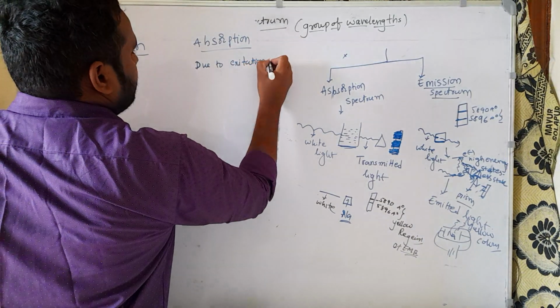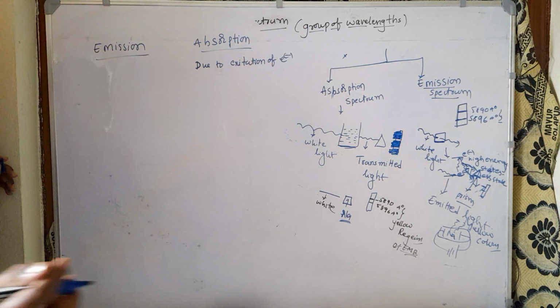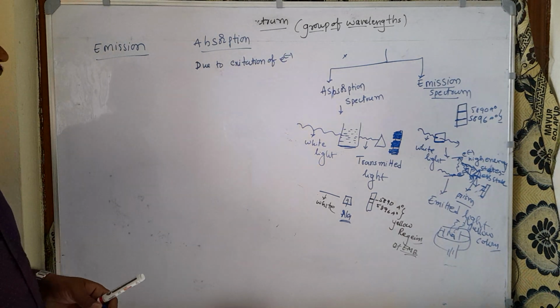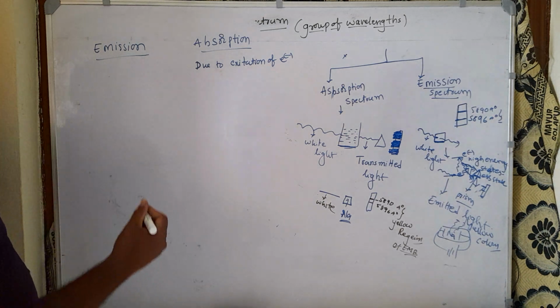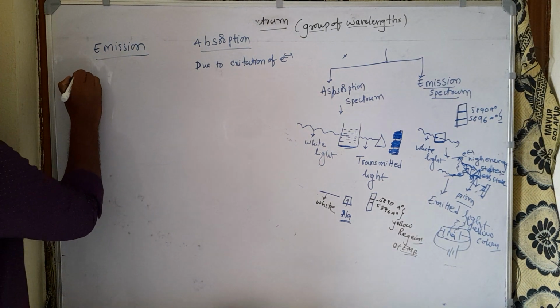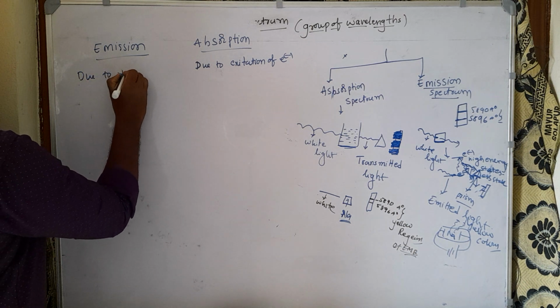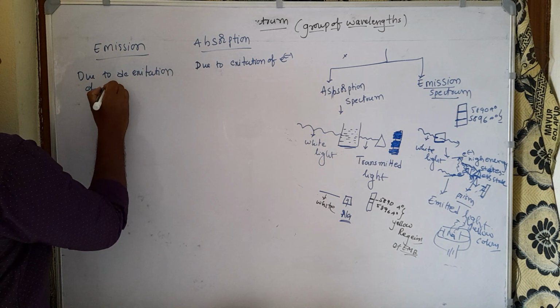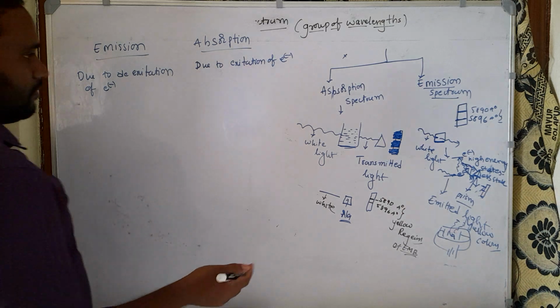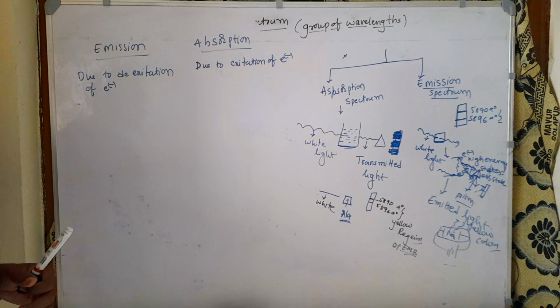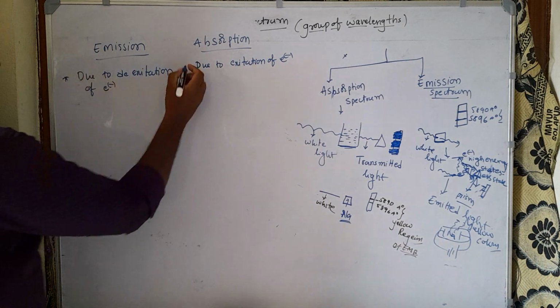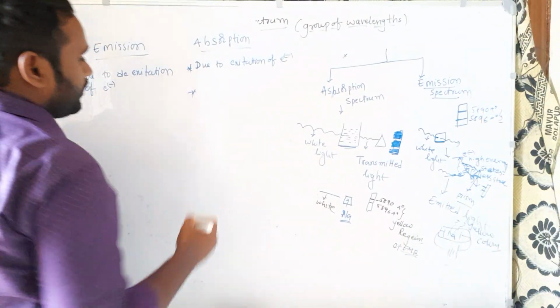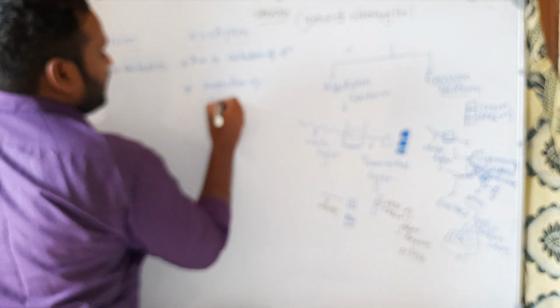Excitation means electrons are entering into the higher energy levels and are absorbing the high energy. And what is emission spectrum? Emission spectrum is due to de-excitation of electrons, meaning when they are present in the higher energy level and they come to the ground state. Next, in absorption spectrum, we study the properties of transmitted light.